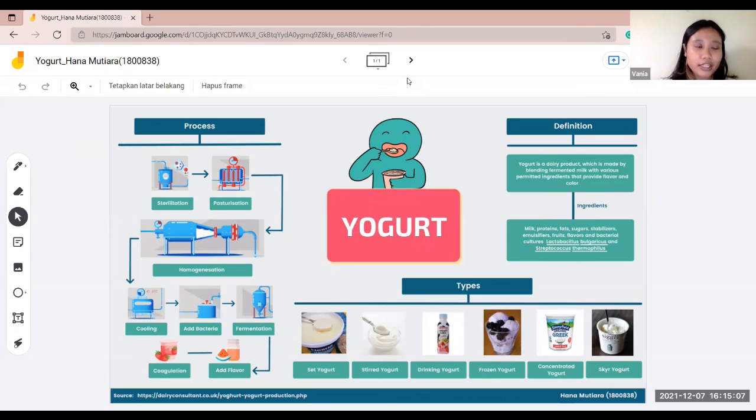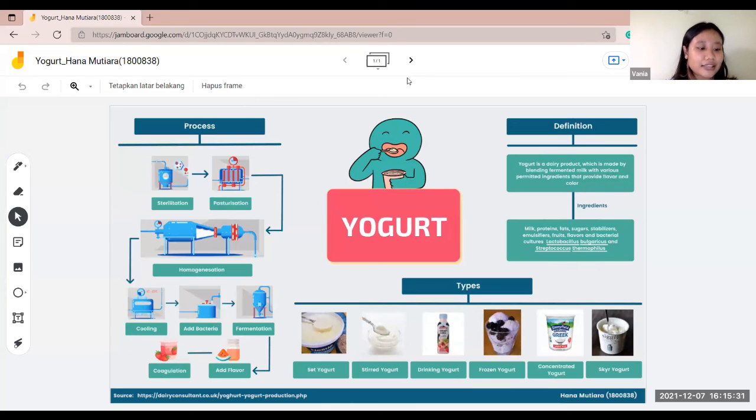And for the questions and answers, the first question from Anisha is, which kind of yogurt is the healthiest? And the answer is skyr yogurt might be the healthiest because it is made from non-fat milk. And then the second question from Vina is, why must the fat content be set or standardized in making yogurt?